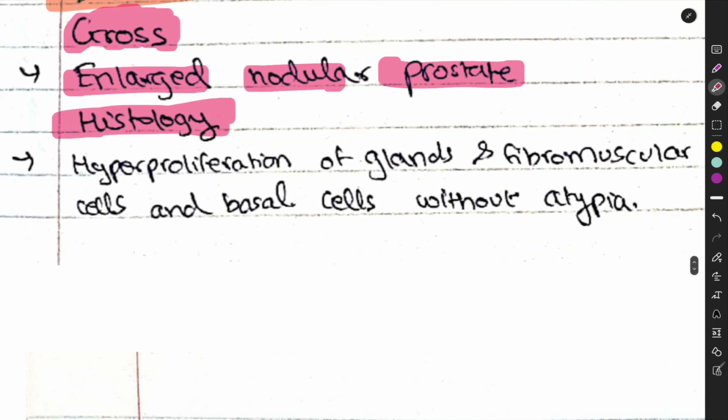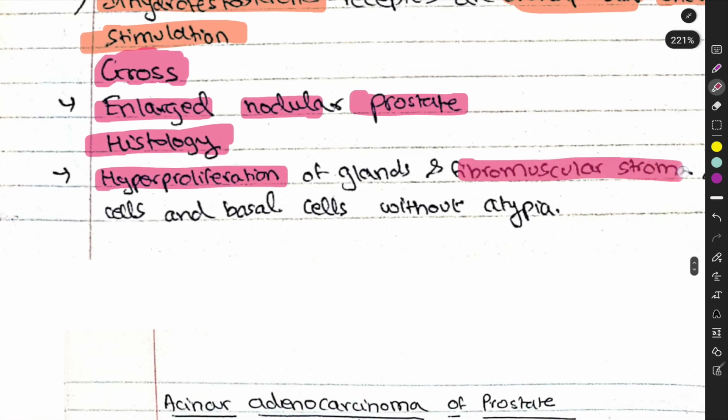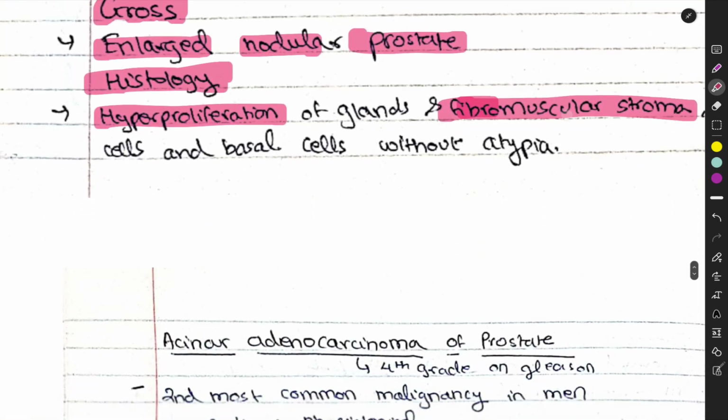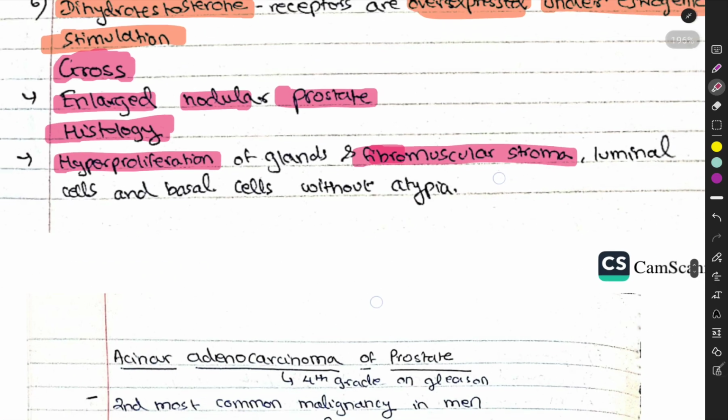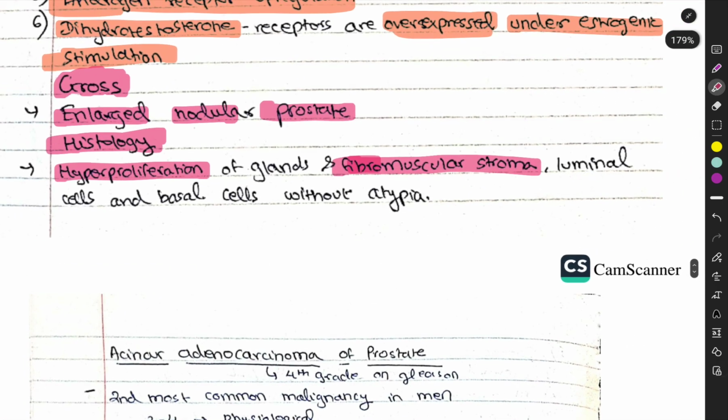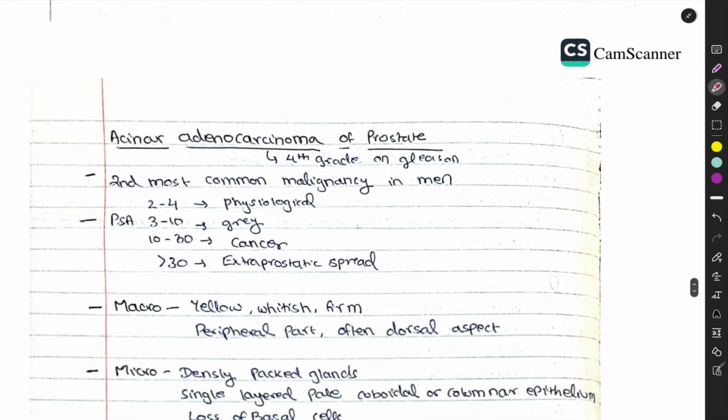Histologically, you have hyperproliferation of glands and fibromuscular stroma, luminal cells and basal cells without atypia. There is no atypia. These are the two cells found in the prostate gland.